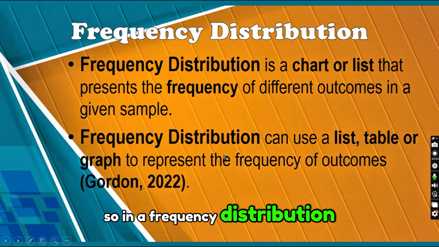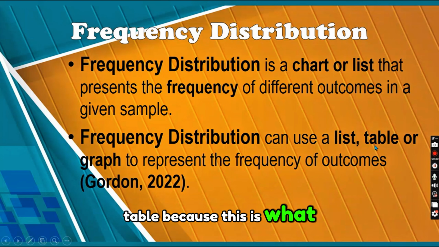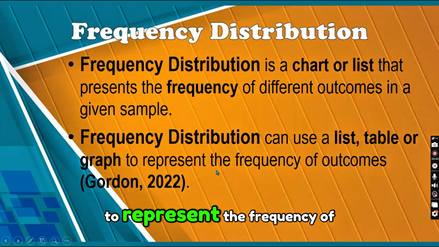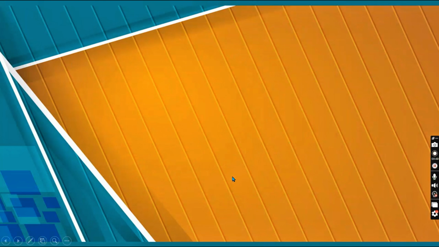It can be a list, table, or graph, but in this video, we will focus on a table because this is what is usually used in research context to represent the frequency of outcomes. We have a citation here, Gordon 2022.